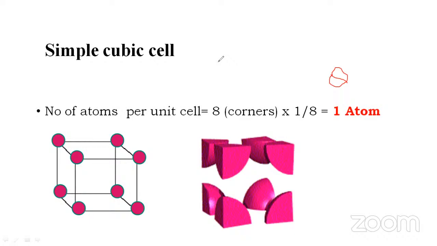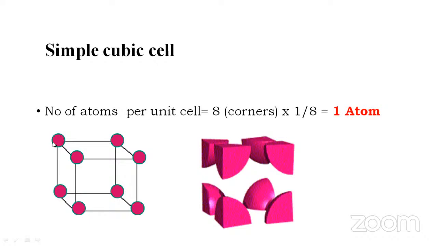Think of this as an atom or a molecule. If I cut this atom into 8 equal parts, 1 by 8 part is present in this unit cell. Understood? By just seeing this, you may imagine that the total particle is present in this unit cell. No, it's only 1 by 8 part.